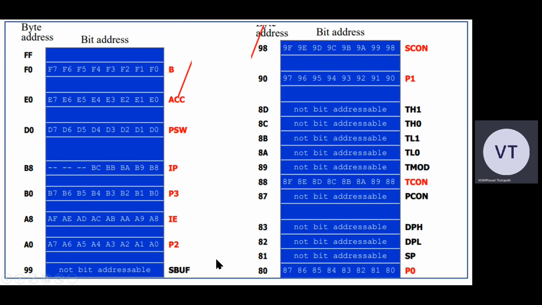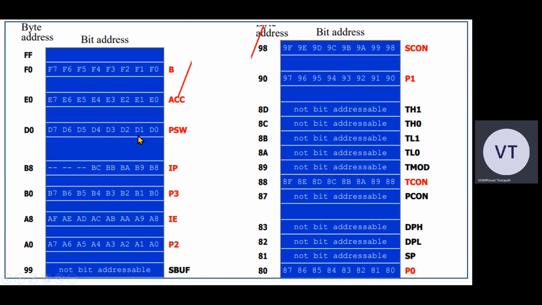Now coming to the same thing here. The SBUF register is not bit addressable. P2, P3, accumulator, B register, PSW, these have bit addresses. D0 is the least significant bit address. D1, D2, D3, D4, D5, D6, D7. D0 is the address of PSW, but if you want to refer to the least significant bit of PSW, you just have to use D0.